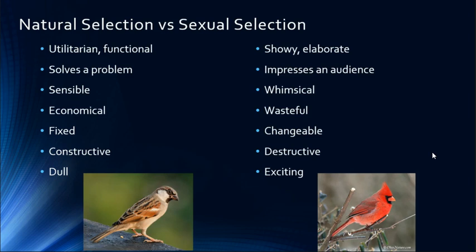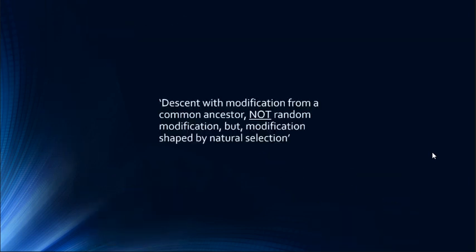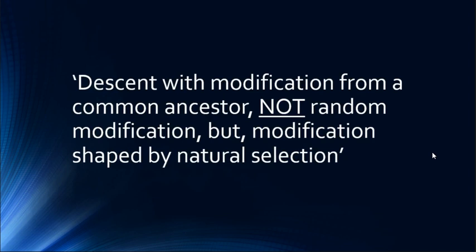So you can think about animals, or plants or whatever, that have these really showy traits. By having those traits, they show that they are better able to survive even with traits that are not suited. And so that actually shows an increase in fitness to the females. It's the good genes idea, yeah? Okay, so descent with modification is what we're talking about.